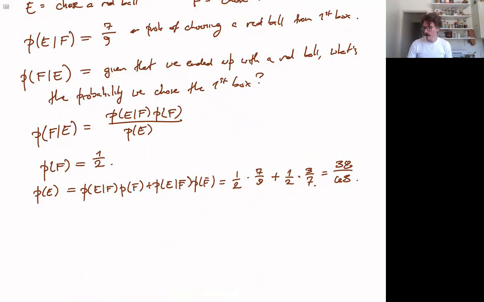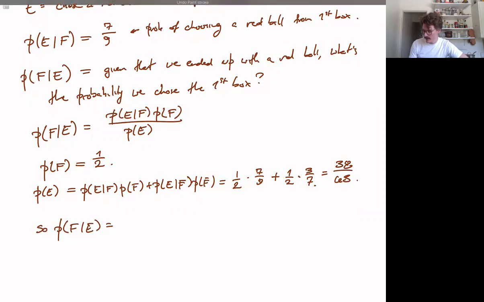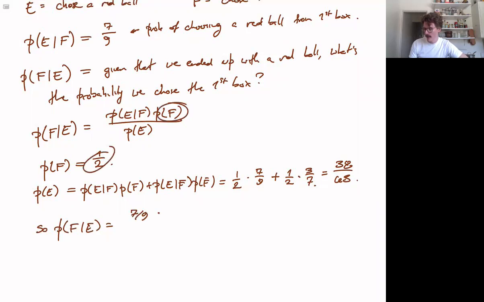And now we have all of our ingredients for Bayes' theorem. Let's go ahead and plug them in. So the probability of F given E is equal to, so this thing is 7/9. This thing is 1/2.